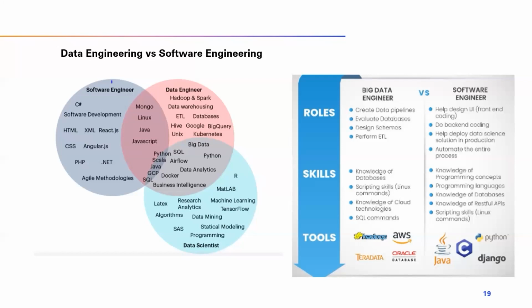And on the right side, you can see the type of roles. So data engineers play roles while creating data pipelines, creating a schema, performing ETL, while software engineers would be working on UI, some backend coding, deploying code, and the entire process. Knowledge, you can see, data engineers should have knowledge of databases, SQL, cloud.